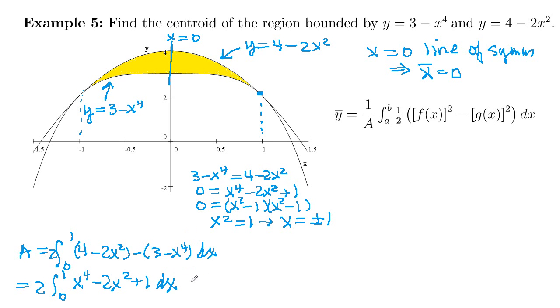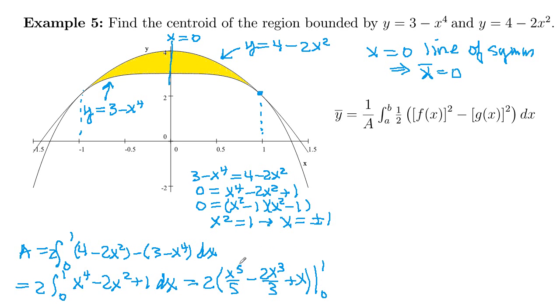dx. This is just a polynomial. We know how to integrate. So we'll have a 2, and then this will be x to the fifth over 5 minus 2x cubed over 3, and then plus x. And we are evaluating from 0 to 1. So 0 is not going to contribute anything.